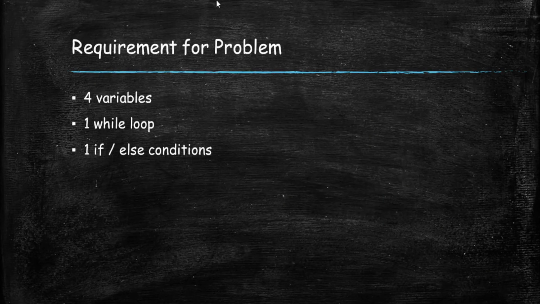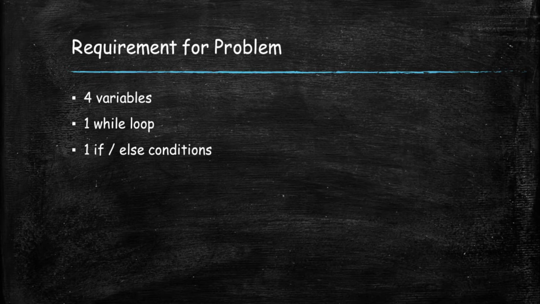So we need 4 variables of integer, then we will need one while loop, and this while loop will be used just to reverse that number, and then we will use an if else condition to check if the number is equal.